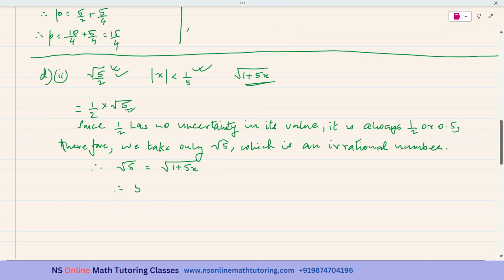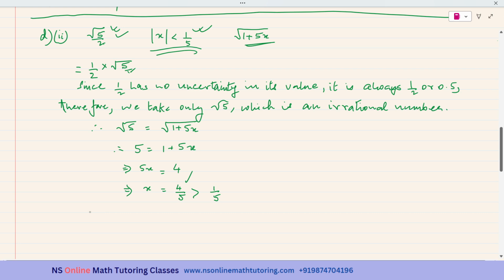So therefore, 5 is equal to 1 plus 5x, or 5x is equal to 4, which implies x is equal to 4 over 5, which is more than 1 over 5. For the approximation to be accurate, the condition that has to be satisfied is that the absolute value of x, and 4 over 5 is a positive number so I'm not writing any absolute value, should be less than 1 over 5. But 4 over 5 is greater than 1 over 5.